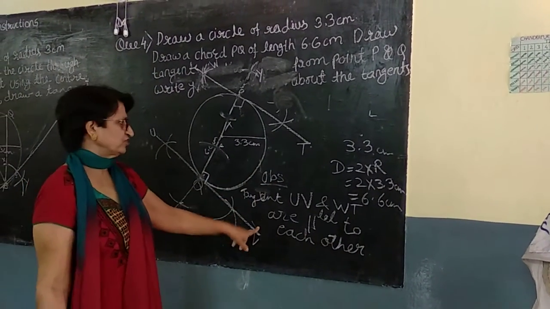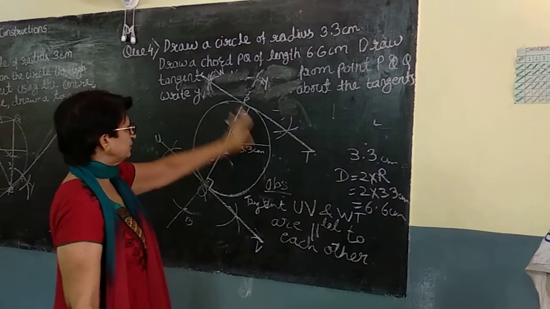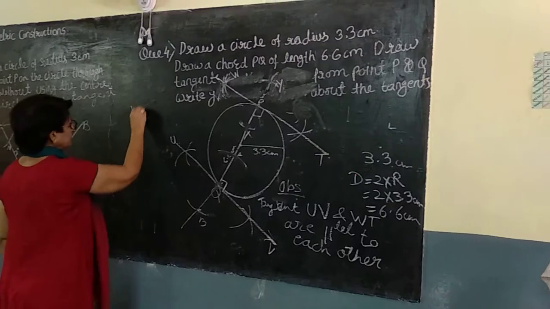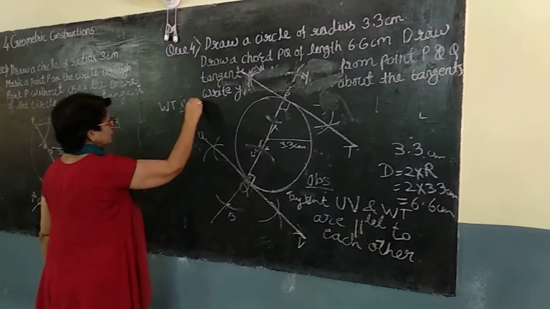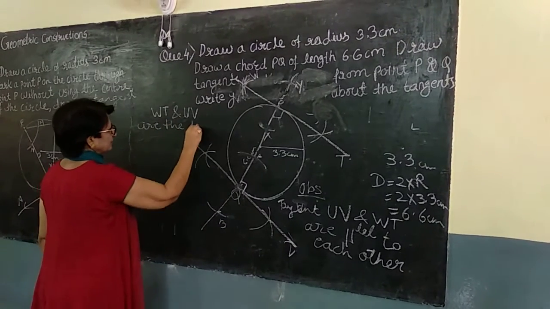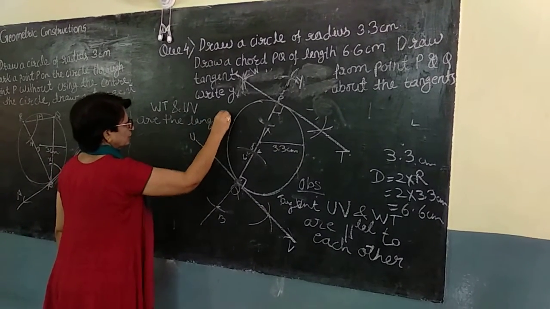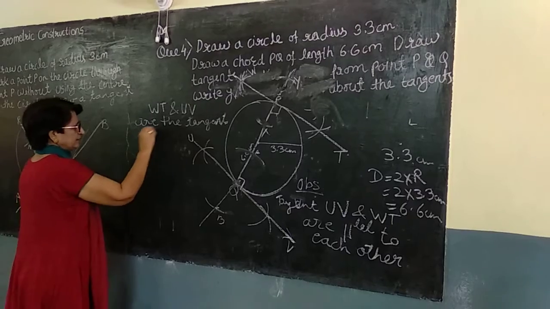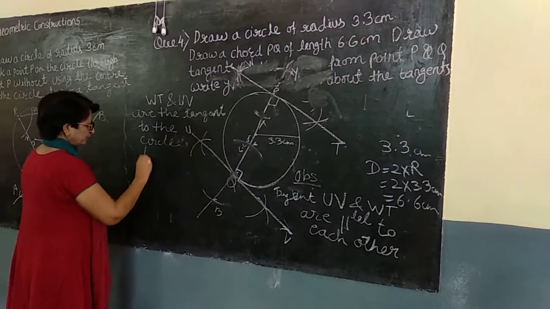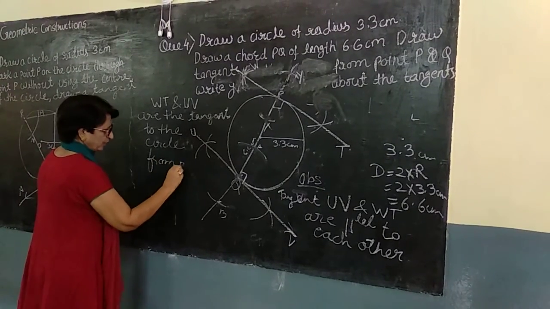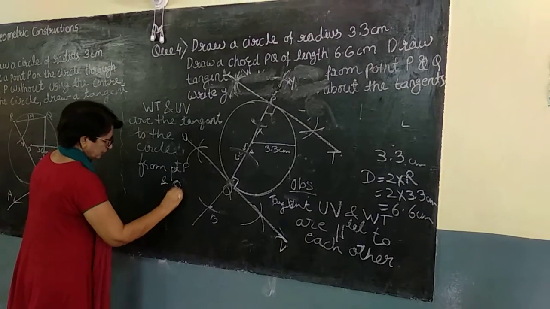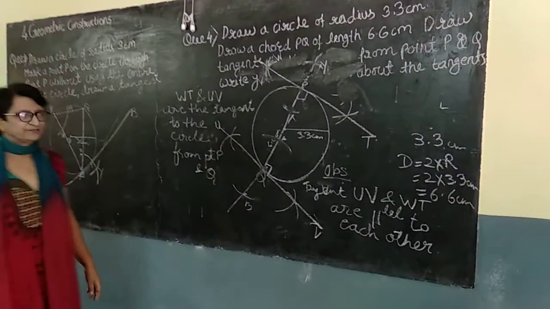Okay, this is your observation, and you must also write that WT and UV are the tangents to the circle from points P and Q. Okay? Thank you.